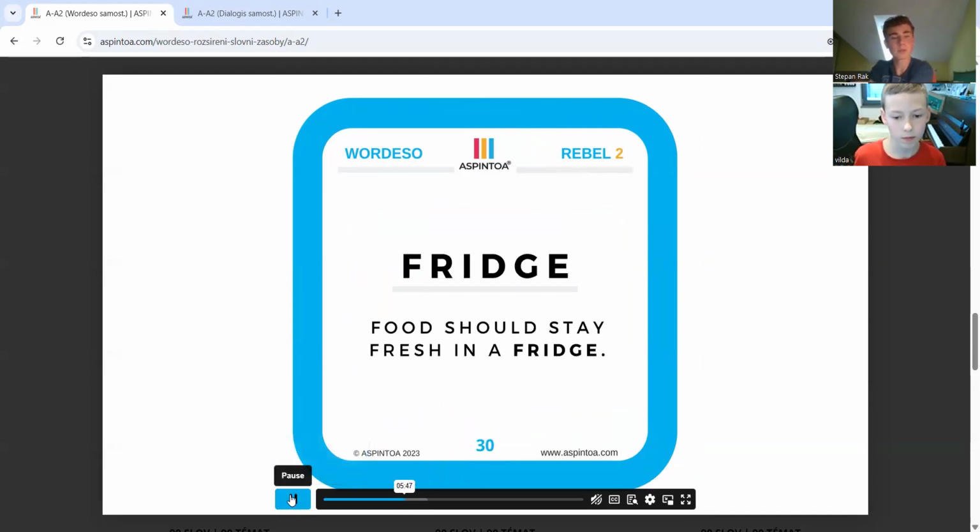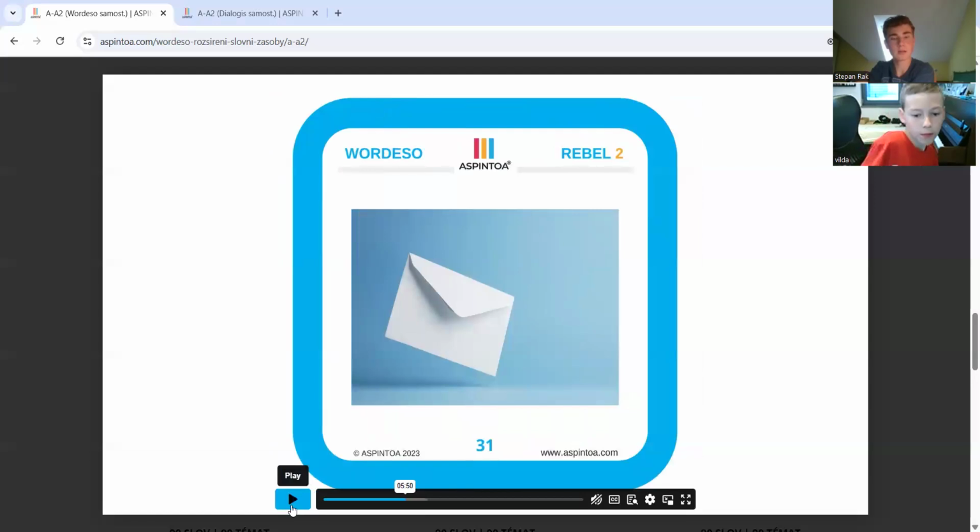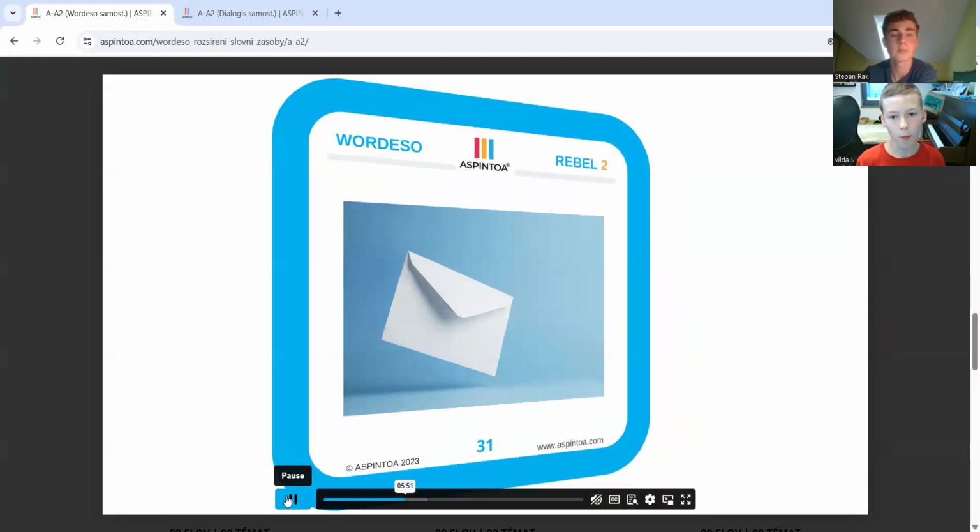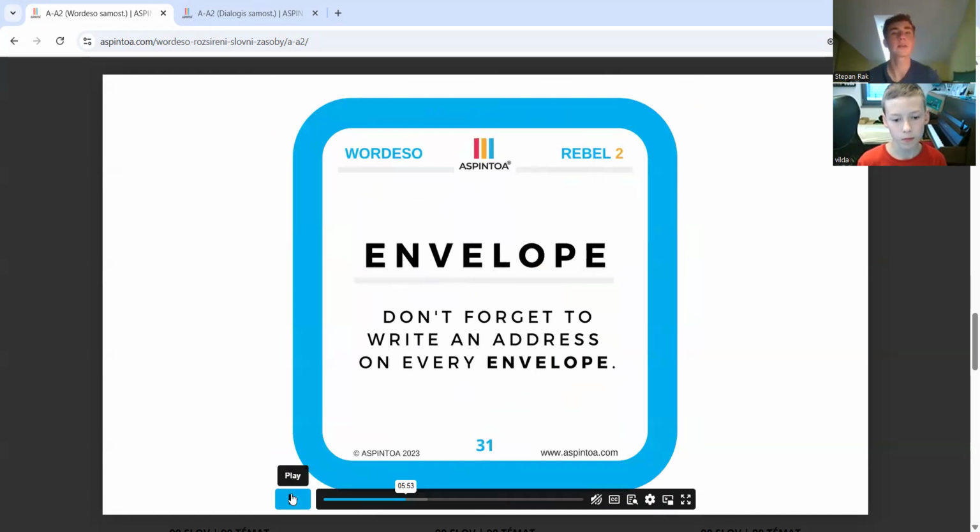So let's go through it one more time, see if you can get the word based on the image. So what is this? An envelope. Well done. What sort of thing would come in an envelope? Maybe like a present. Yeah, or maybe writing. Yeah, typically a letter.